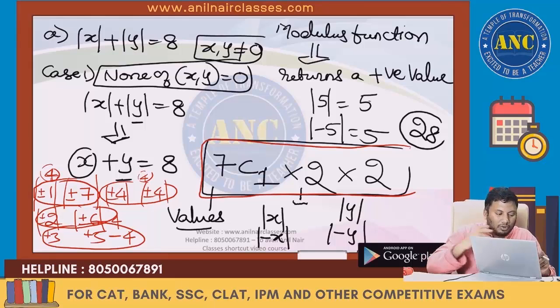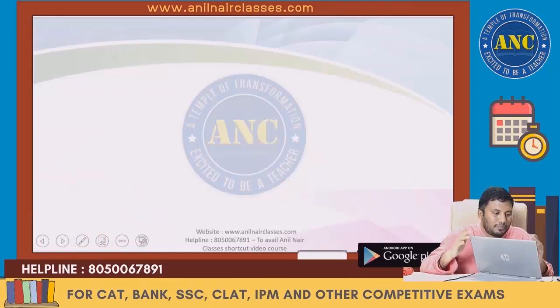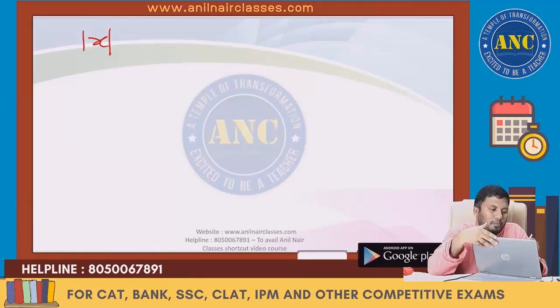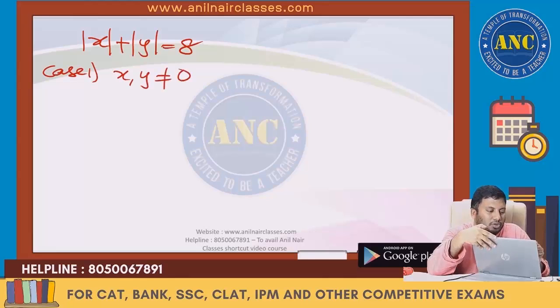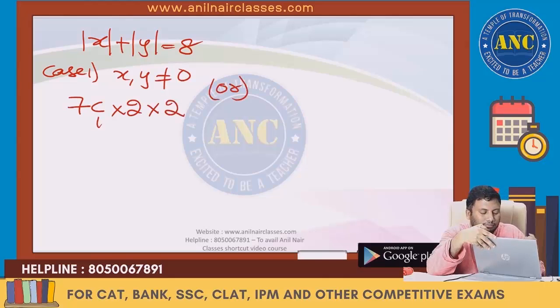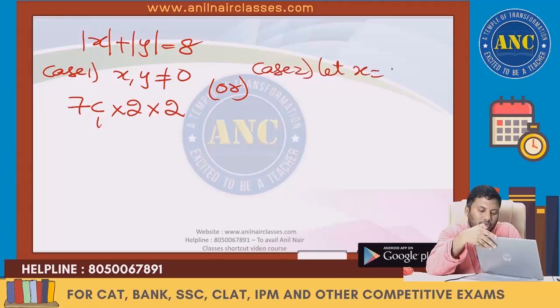Case number 2. Till I solve all the models, please don't ask me any doubt. Case 2. Mod x plus mod y equivalent to 8. Case 1, x comma y not equivalent to 0: 7c1 into 2 into 2. Or case 2: let x equivalent to 0.